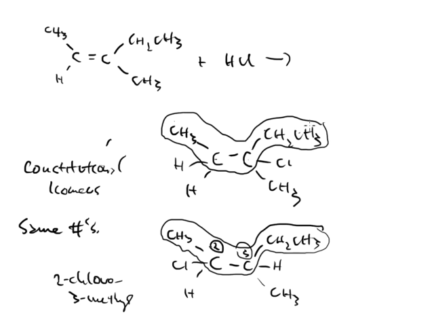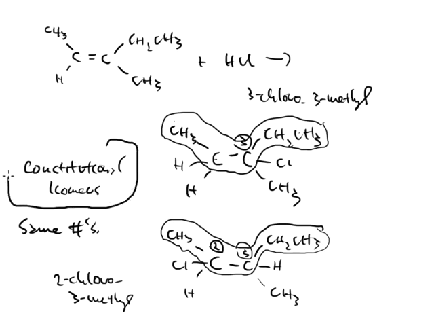Up here at the top, I number closest to the right-hand side because that's where both of these groups are going to be. This is spot number 3 for each one of those. So this is going to be 3-chloro, 3-methyl. Well, because they are numbered in a different way, it's the same number of carbons, same number of chlorines, same number of hydrogens. They are just hooked up differently, and we call that a constitutional isomer.